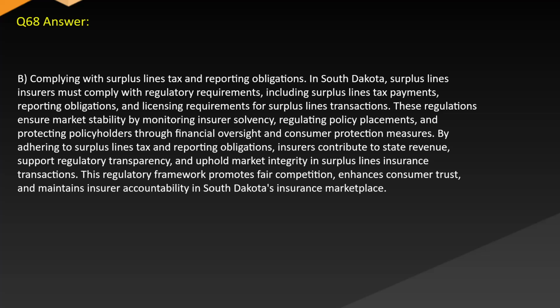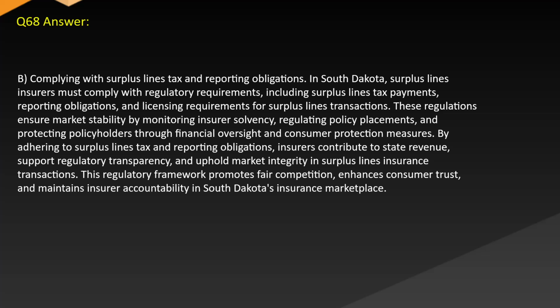In South Dakota, surplus lines insurers must comply with regulatory requirements, including surplus lines tax payments, reporting obligations, and licensing requirements for surplus lines transactions. These regulations ensure market stability by monitoring insurer solvency, regulating policy placements, and protecting policyholders through financial oversight and consumer protection measures.